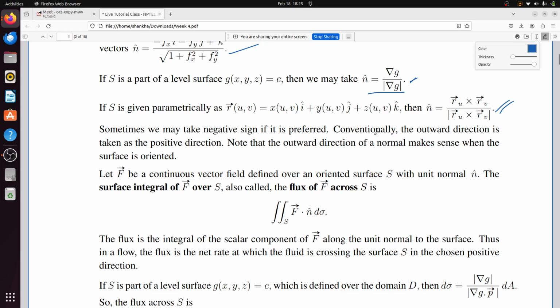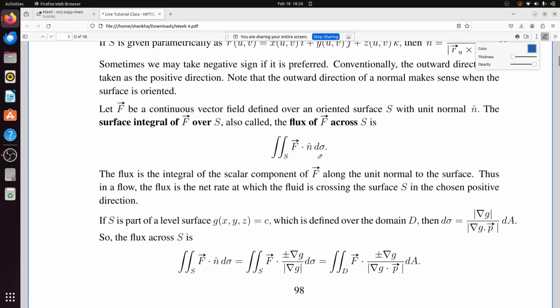That means usually we prefer n to be in the positive direction, so we will take only the plus. Note that the outward direction of the normal makes sense only when the surface is oriented.